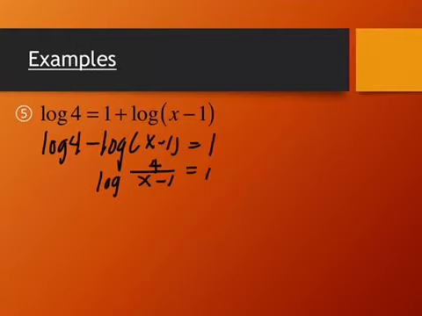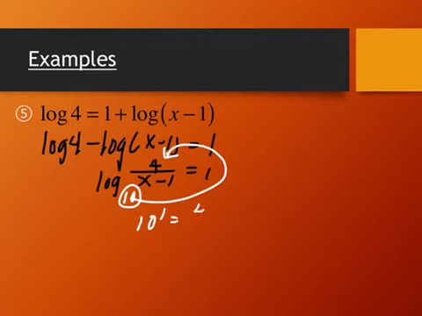All right, and we're going to start then with the base. And of course, we all know that the base is understood to be a 10 in this scenario. So I have 10 to the 1, excuse me, equals 4 over x minus 1. And we'll multiply, or cross-multiply if you prefer to think it that way, each of the numbers. 10 to the 1 is just 10, right? And we're going to multiply by x minus 1, and that equals 4.